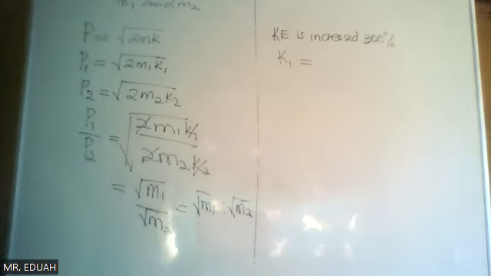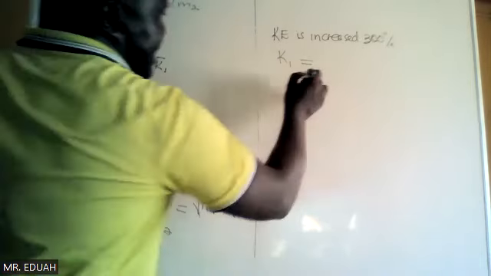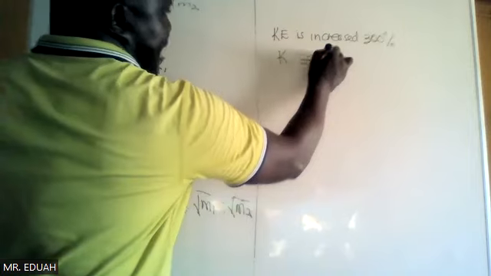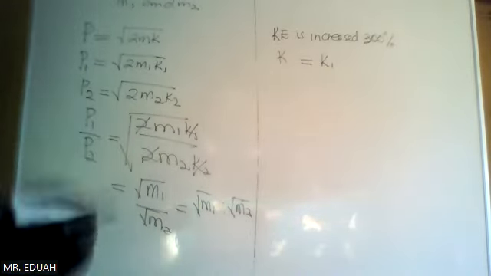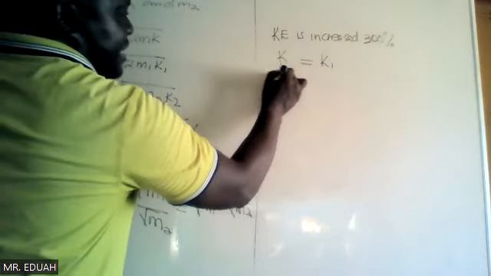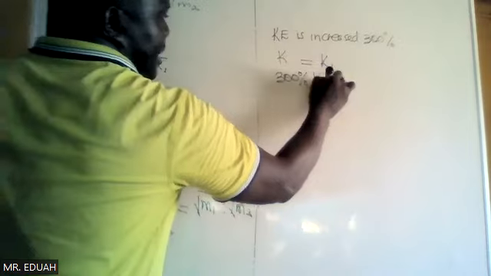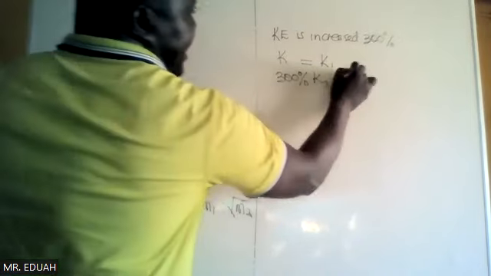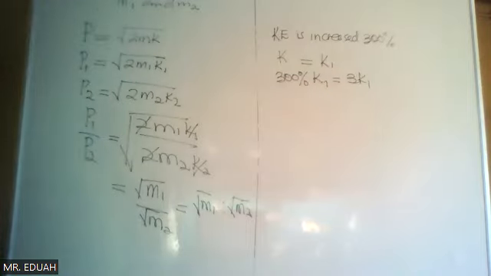Okay. So if my initial kinetic energy is K1, and we calculate 300% of K1, this is equal to 3K1. 300 over 100.